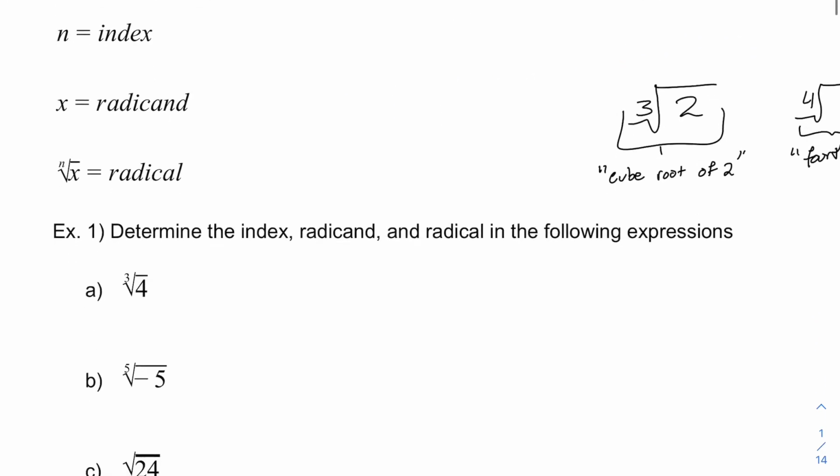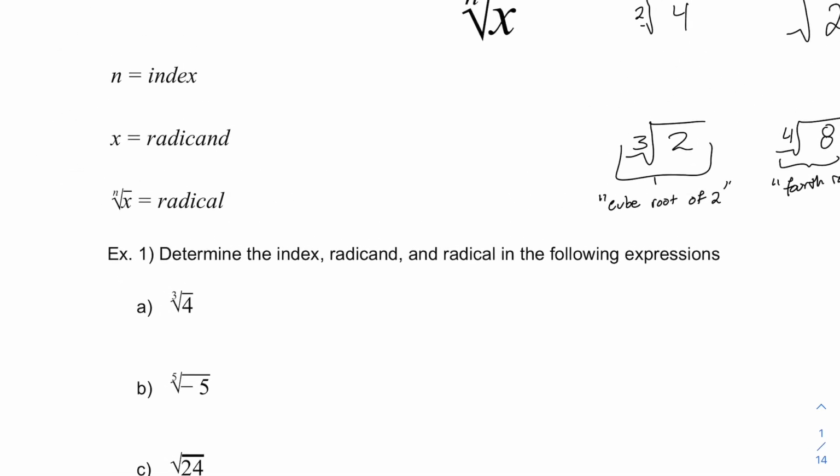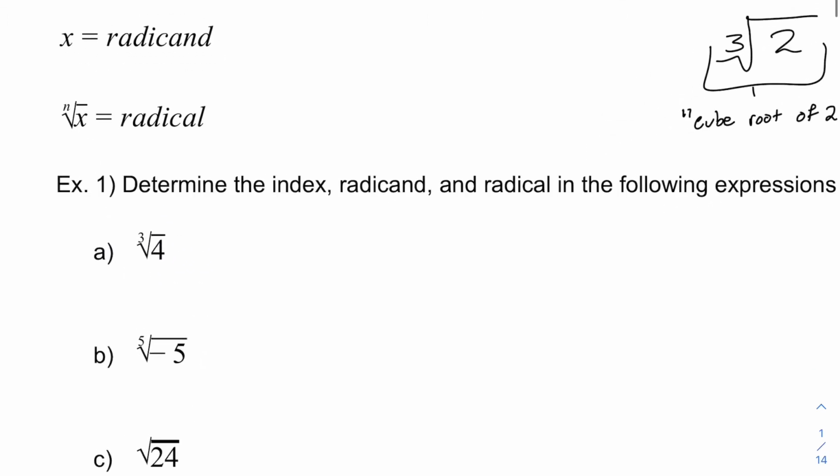Let's apply these definitions really quickly to example 1. Example 1 says, determine the index, radicand, and radical in the following expressions. So for A here, let's first find the index. What I'm actually going to do is make a little table to keep things organized.